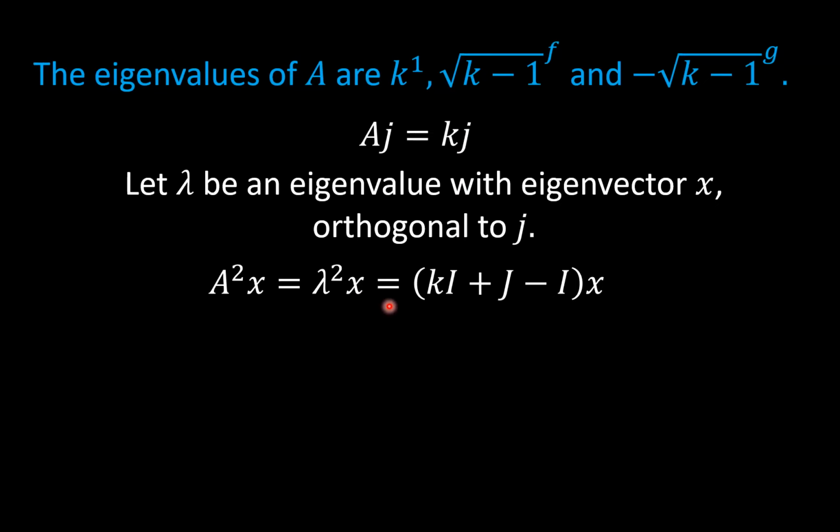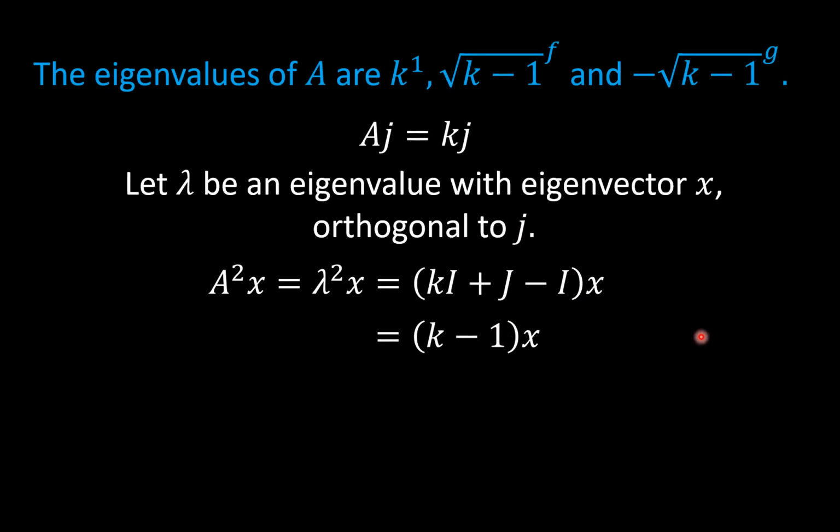But we can rewrite A squared as kI plus J minus I. And because J is orthogonal to x, the rows of J dotted with the vector x, which is what happens when we expand this matrix multiplication, is 0.